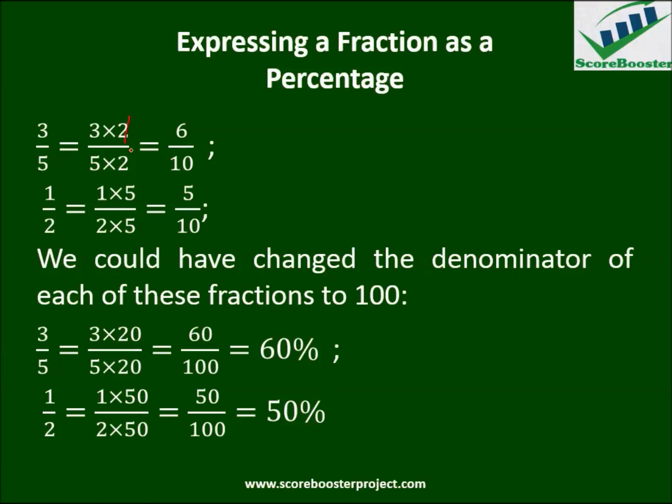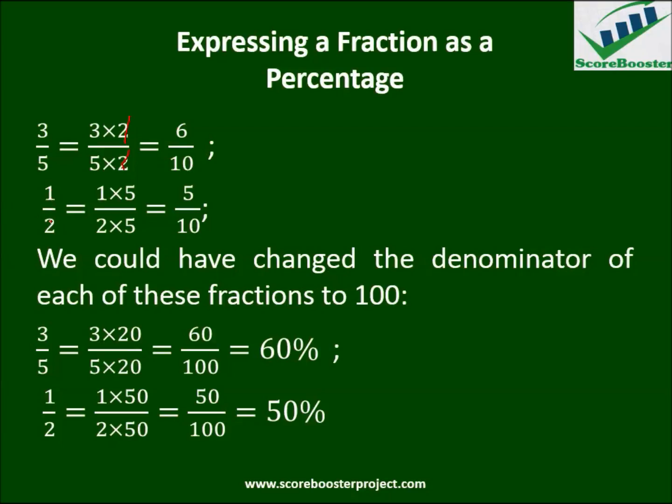So the 2 could still cancel out and you have 3 over 5. So once you multiply the denominator by 2, you do the same for the numerator to keep the fraction the same. So when you multiply 3 times 2, you have 6. When you multiply 5 and 2, you have 10.